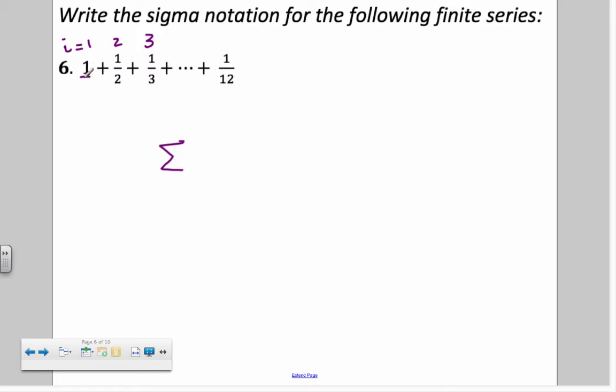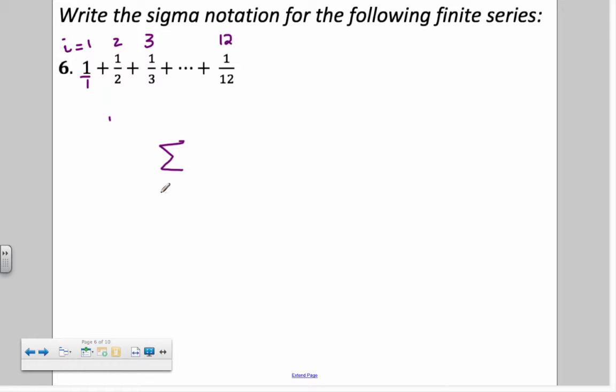So notice that if we were to write this 1/1, we are going up by 1 in our denominator. So if we're going up by 1 in denominator, and this is our last term, because this is a finite series, then our last term is the 12th term. Because notice that our I is the denominator, our number.